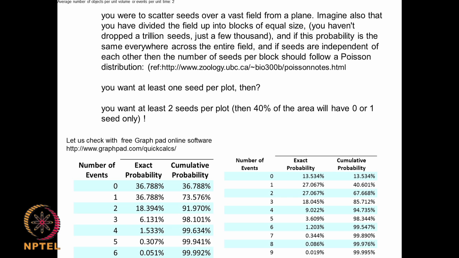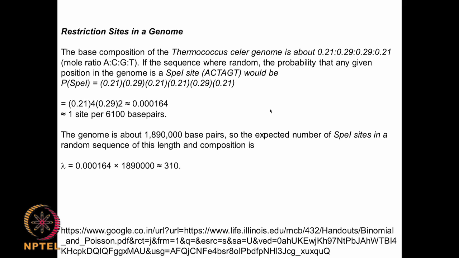Now, let us look at another problem, and this is related to genomics. The base composition of the Thermococcus genome is 0.21 : 0.29 : 0.29 : 0.21, that is the mole ratio of A, C, G, T. So, the probability of A or C or G or T will be in this ratio.